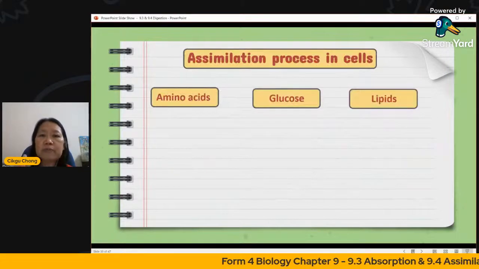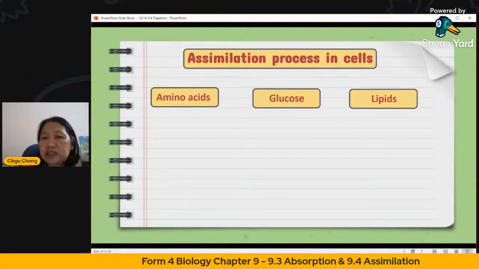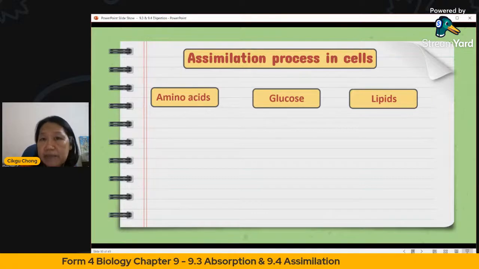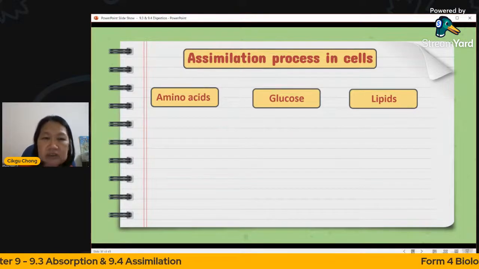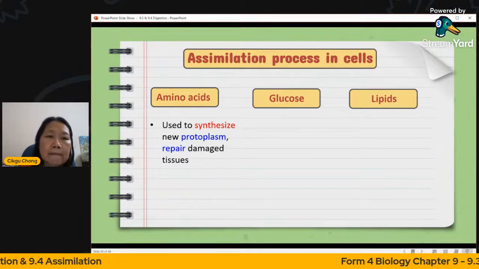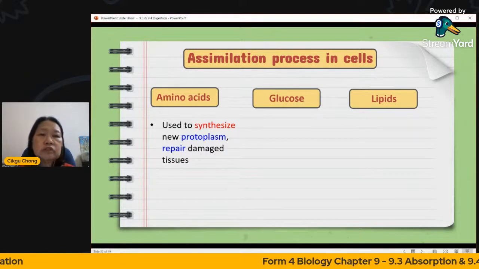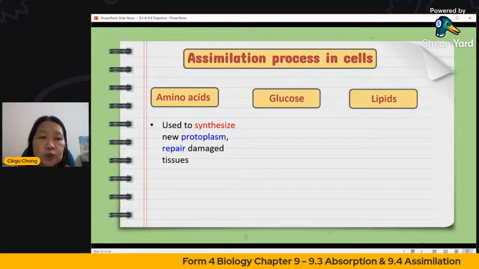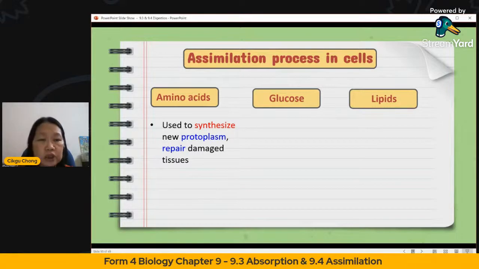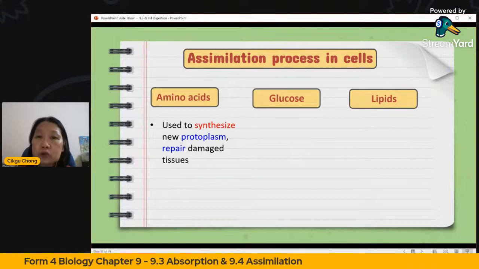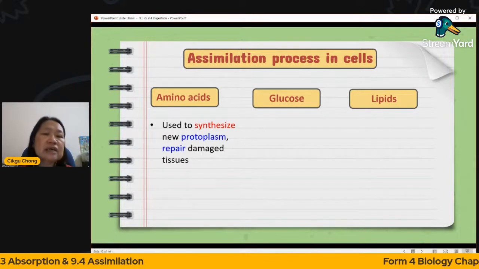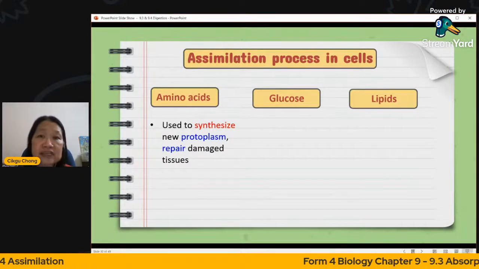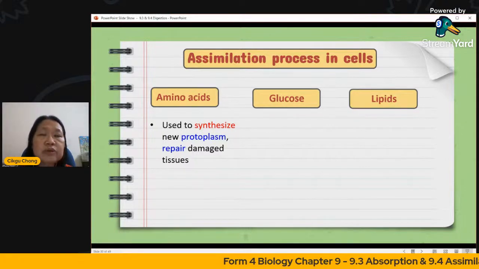So now what about process in the cell? That was assimilation in the liver, which also happens in the liver. In the cells, if all these substances come to your cells, your cells will make use of the amino acids to synthesize new protoplasm, to make new materials, to make new cells, to replace the damaged tissues or damaged cells, because your cells will be shed.